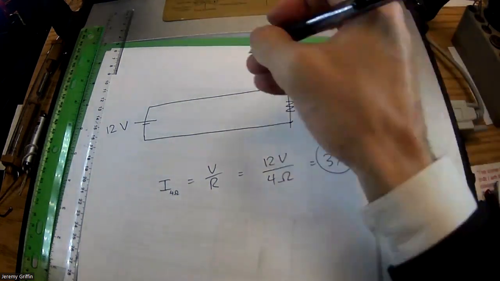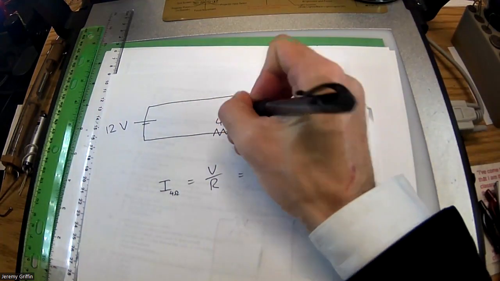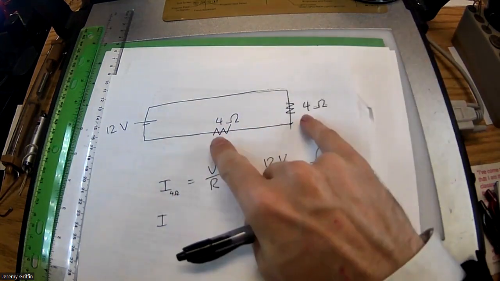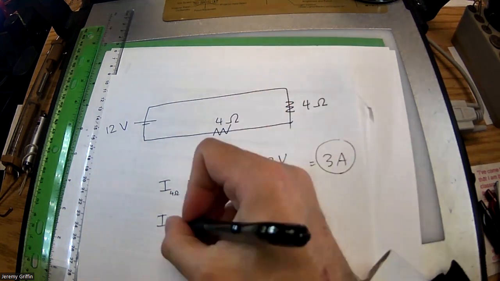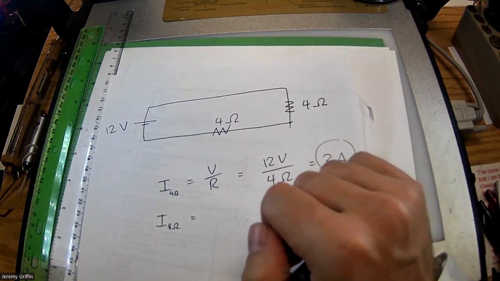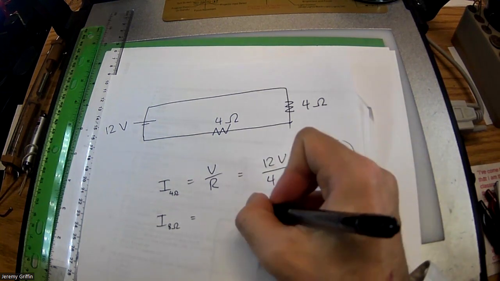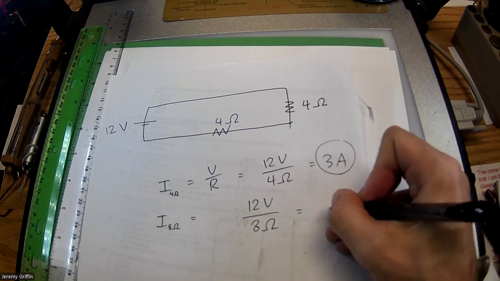Right. Now let's throw a second resistor in the mix. I'll call this guy also 4 ohms. Okay, guys, what's the total resistance right now? 8 ohms, right? Remember, for series, you just very simply add them up. So now we got the same 12 volts acting on 8 ohms. I'm looking at 1.5 amps.